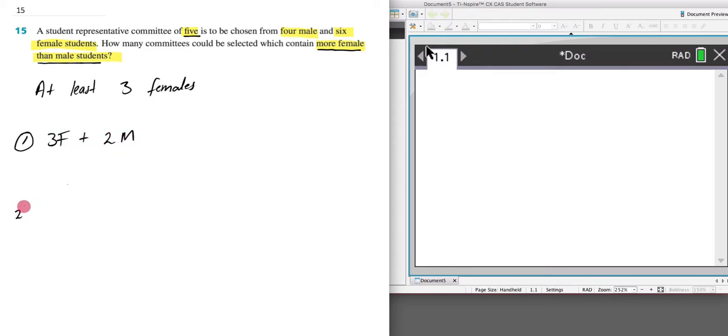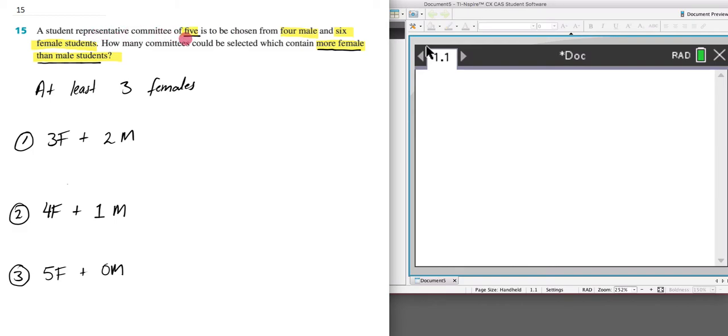The second way is if I have 4 females and 1 male. And the last way that this is possible is if I have 5 females and 0 males. So these are the 3 ways I can achieve having more female than male students in my student representative committee of 5 students.